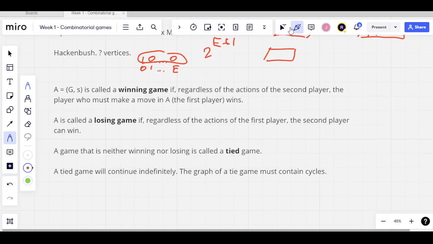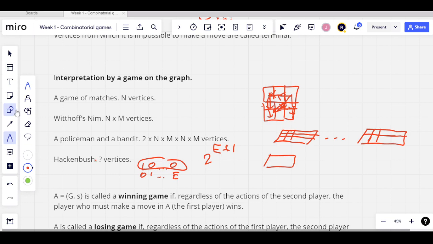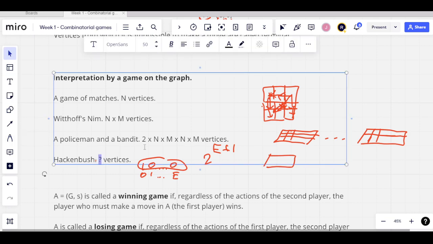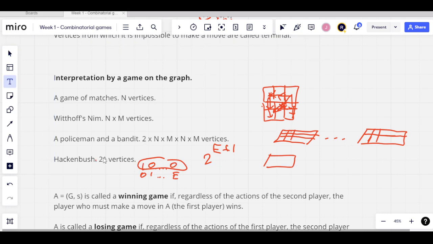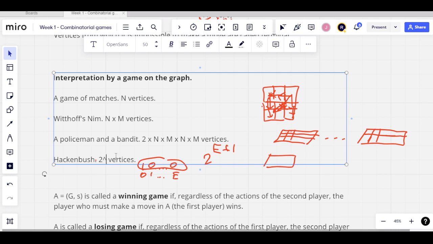Do you understand this or not? So it has E vertices? We have not the vertices, we have e plus 1. We have n plus 1 vertices in this case, enumerated like this.